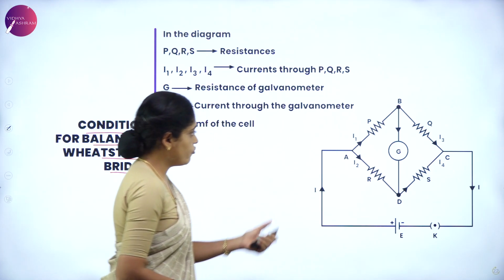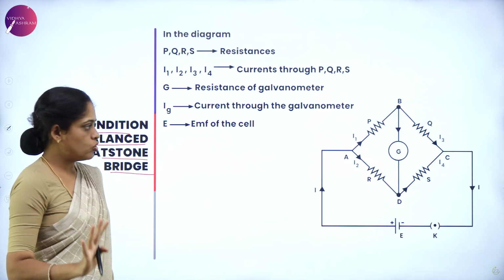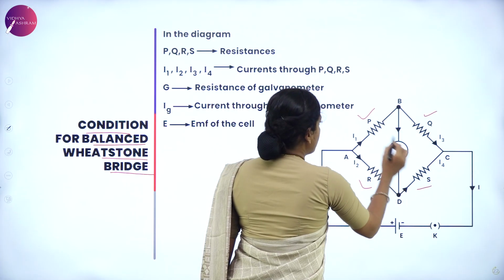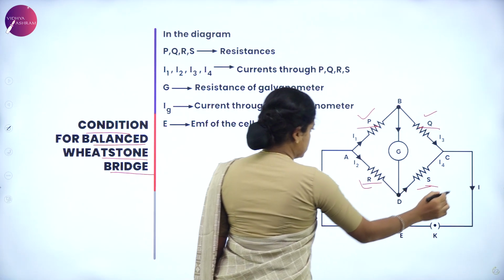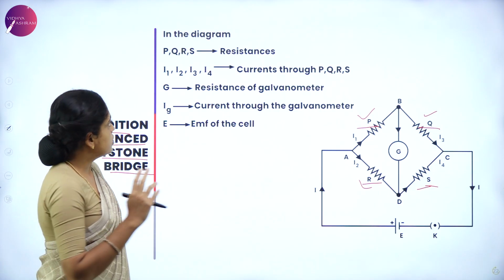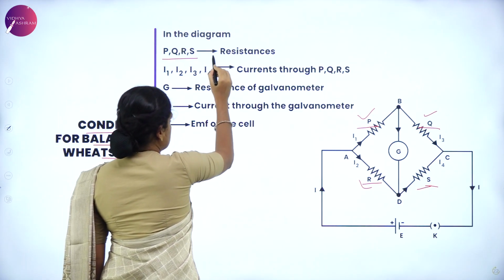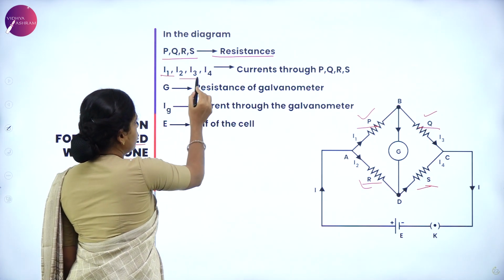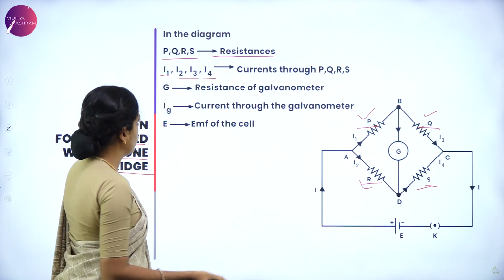Here is the picture of the Wheatstone bridge. In the Wheatstone bridge, we have 4 resistors of resistance P, Q, R, S, which are arranged quadrilaterally, and through these P, Q, R, S the currents are I1, I2, I3 and I4.